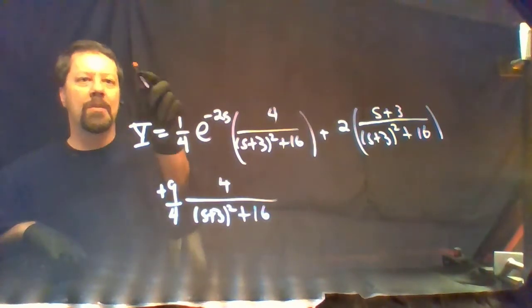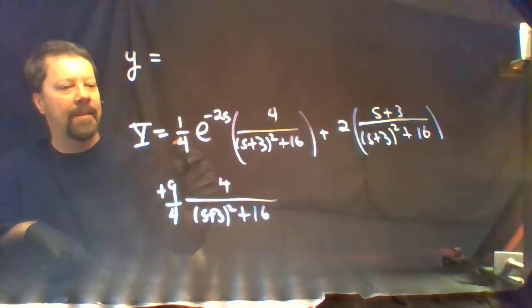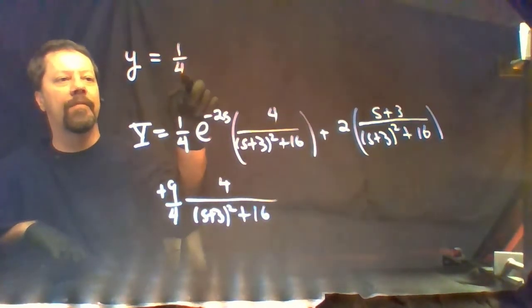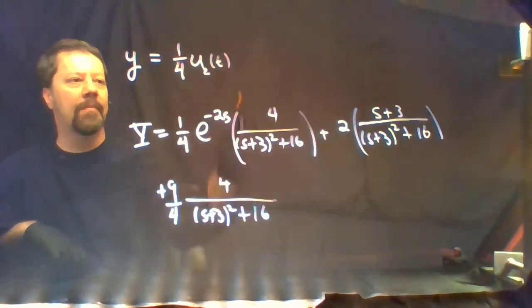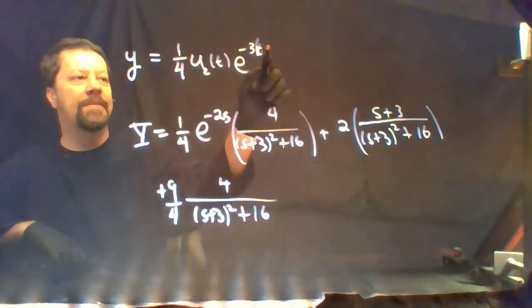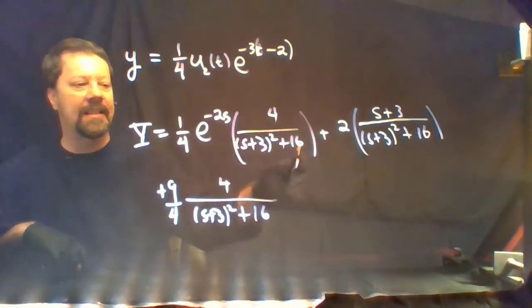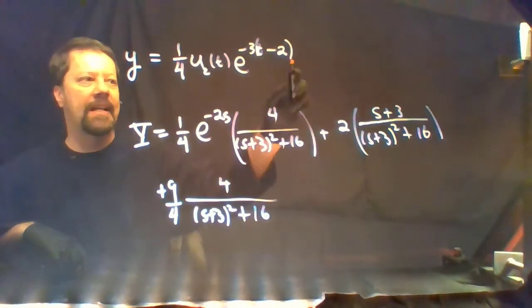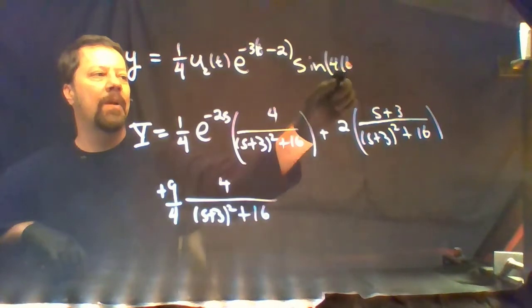Applying the inverse Laplace transform of both sides, the solution y is equal to 1/4 u2 of t e to the minus 3 times t minus 2. You have to translate these. And this arises from a sine, so it's going to be the sine of 4 times the quantity t minus 2.